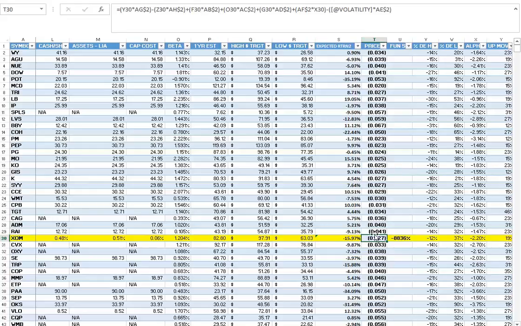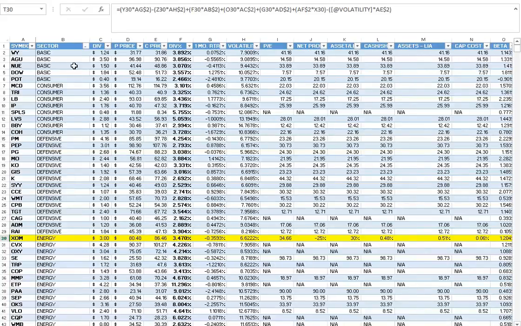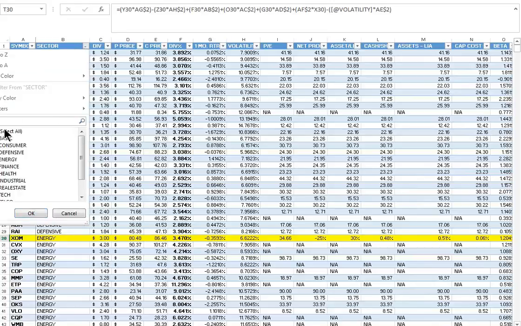All of these stocks are scored on a system using some of the items that we went through today, and the highest scores are the stocks that we want to pick from when we're looking to buy or sell stocks. And as you can see here, let me do this.